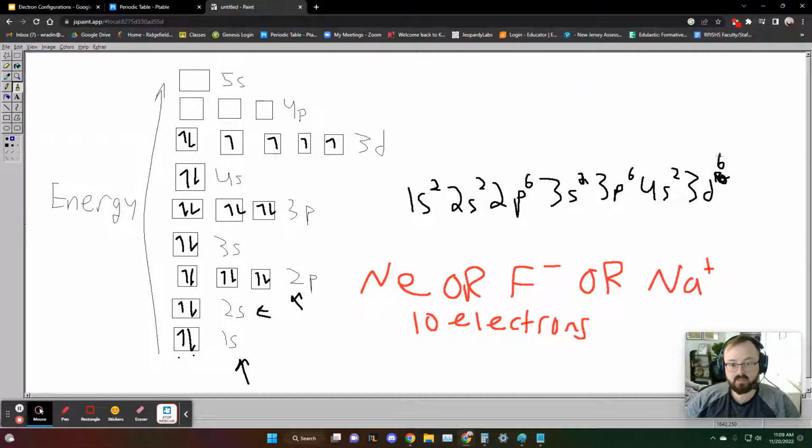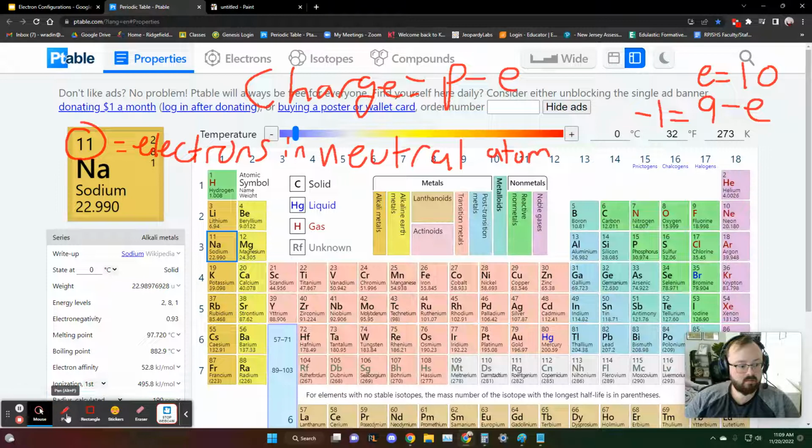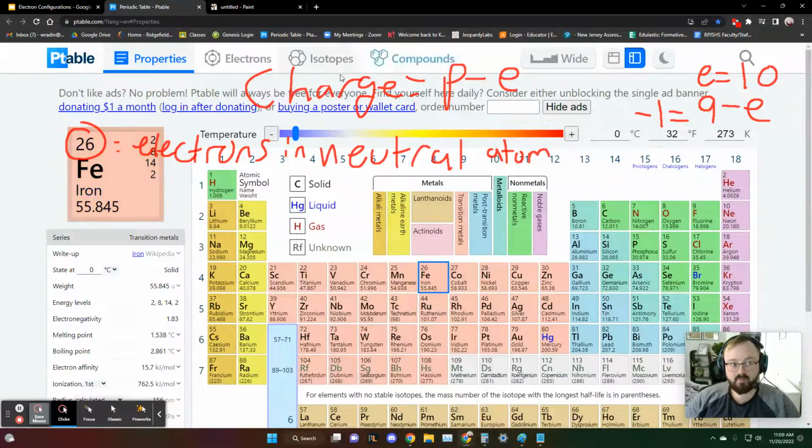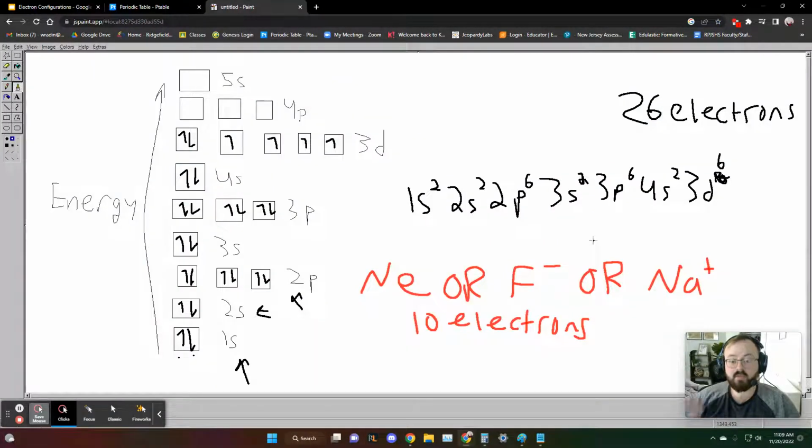And then 20 plus 6 would be 26 electrons. Right? So if there's 26 electrons, well, let's go to our periodic table and we find element 26. This would be the electron configuration of iron.